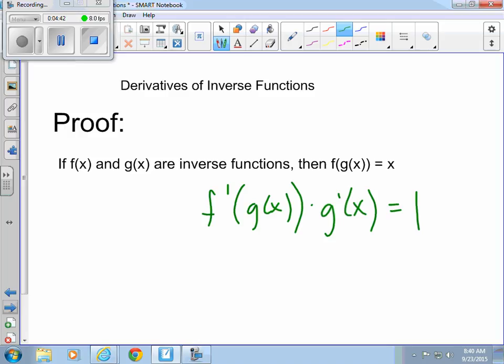It's just x, the derivative of x is 1, so I can write 1 out there if I want to. If f and g are inverse functions, and I want to know the derivative of g in terms of f, I'm going to find that. The derivative of g, would you agree, would be 1 over f prime of g of x.